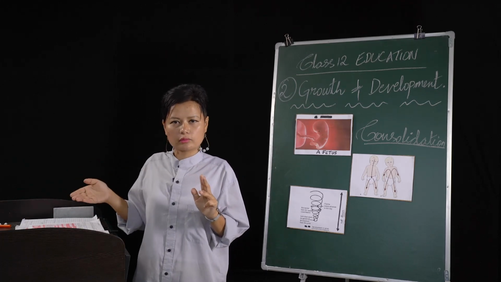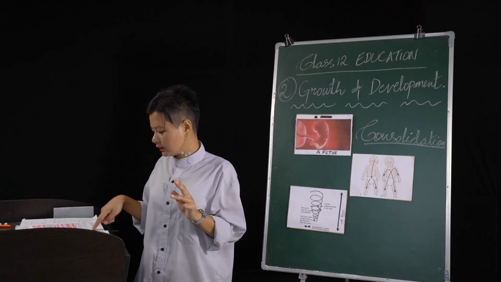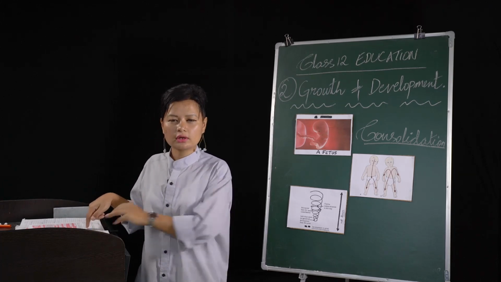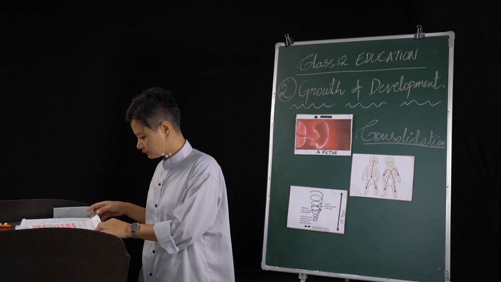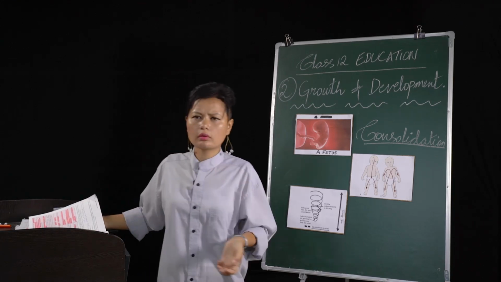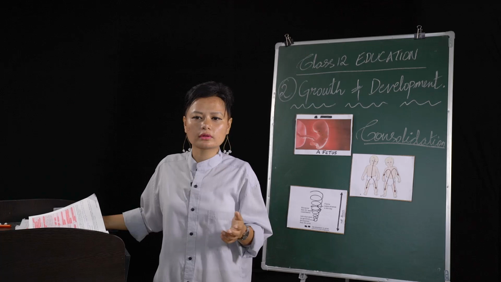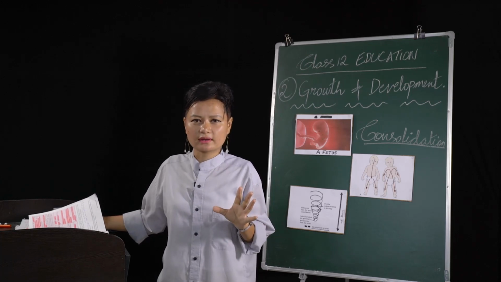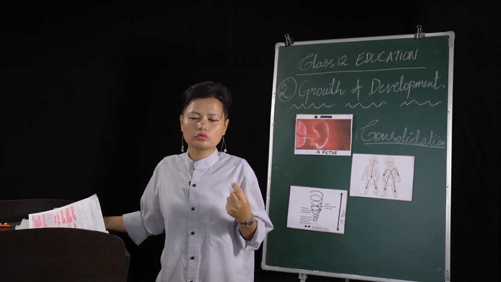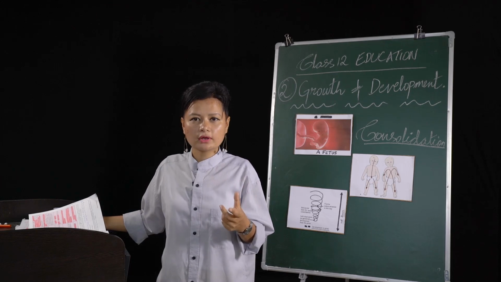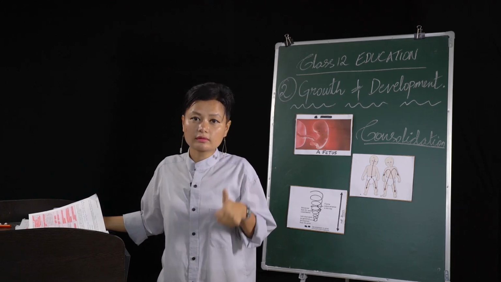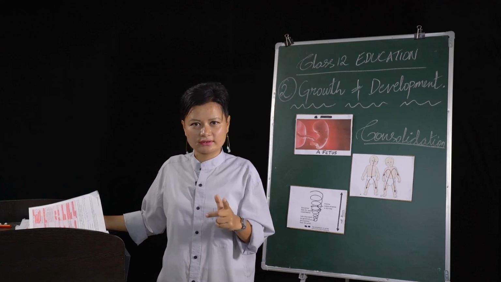If you look at the following pages, then under short answer type question, this question is given. So overall, if you try to understand, growth and development has to do with all the aspects of the individual, that is all quantitative and qualitative aspects.